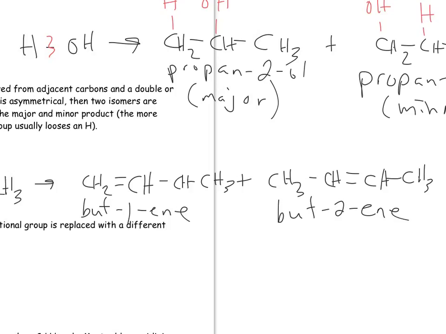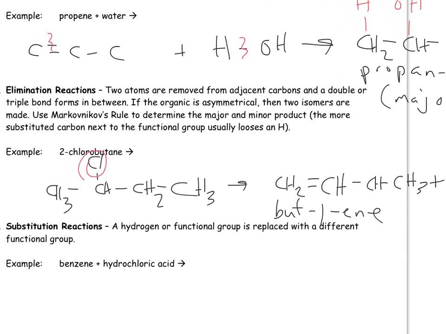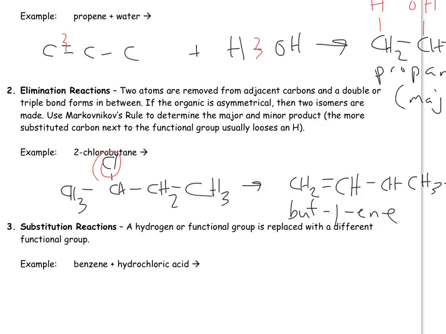Now I'm going to make a mixture of these two products, but I'm not going to make them in a 50-50 split. We can use Markovnikov's rule to figure out which one I'm going to make more of. Markovnikov says that the more substituted carbon next to the functional group usually loses the H. So if we go back here and look at our functional group, here we have a carbon that's got 3 H's attached to it, and over here we've got a carbon that has 2 H's attached to it.